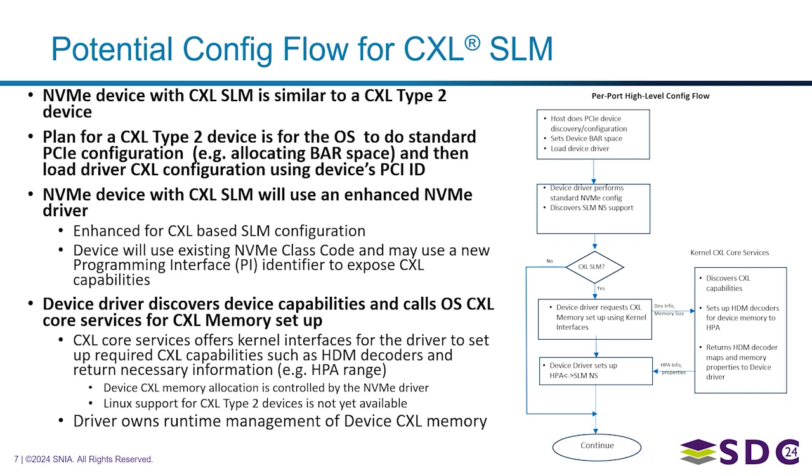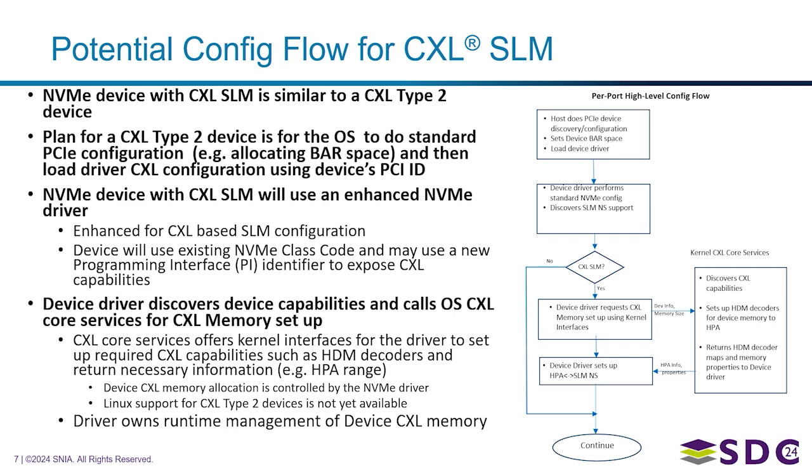The device CXL memory allocation is controlled by the NVMe driver. So once it's called the OS services and gotten the address information, it is in control of managing that memory space for the device. One of the things that's not really on this slide is the fact that that memory is a restricted memory.